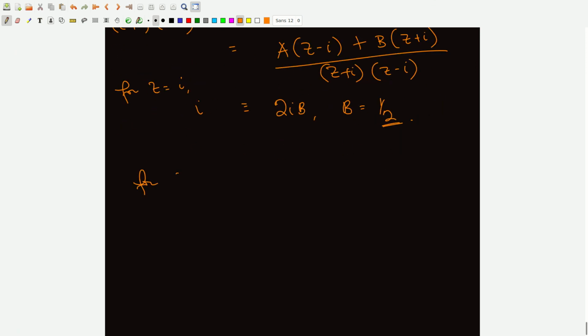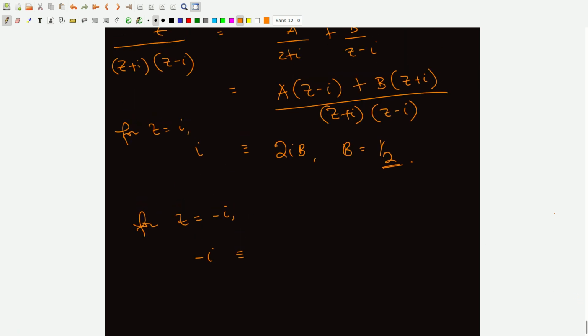Then for z equals minus I, on the left hand side we have minus I, and if we put in minus I, the b will cancel. This is minus I plus I, that is 0. So we have minus 2I a, and then a is 1/2.